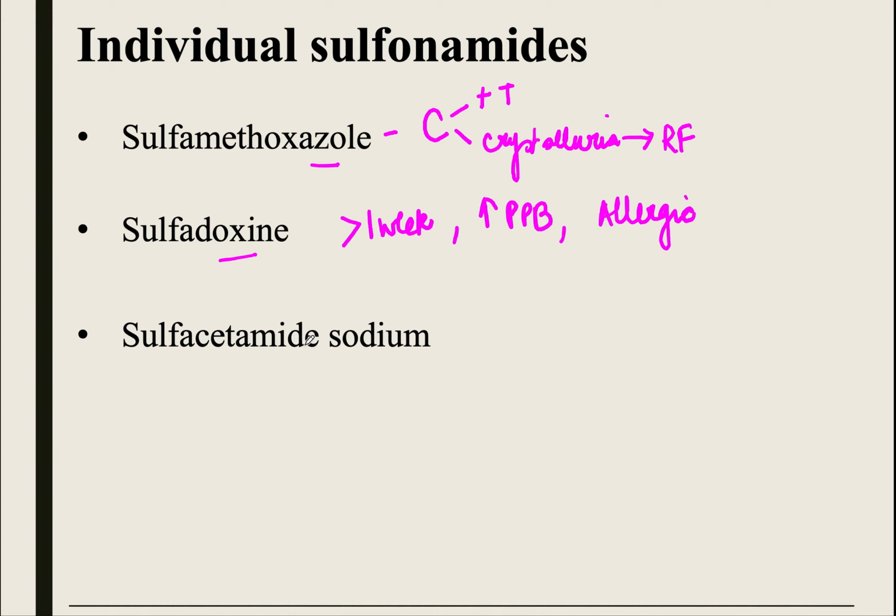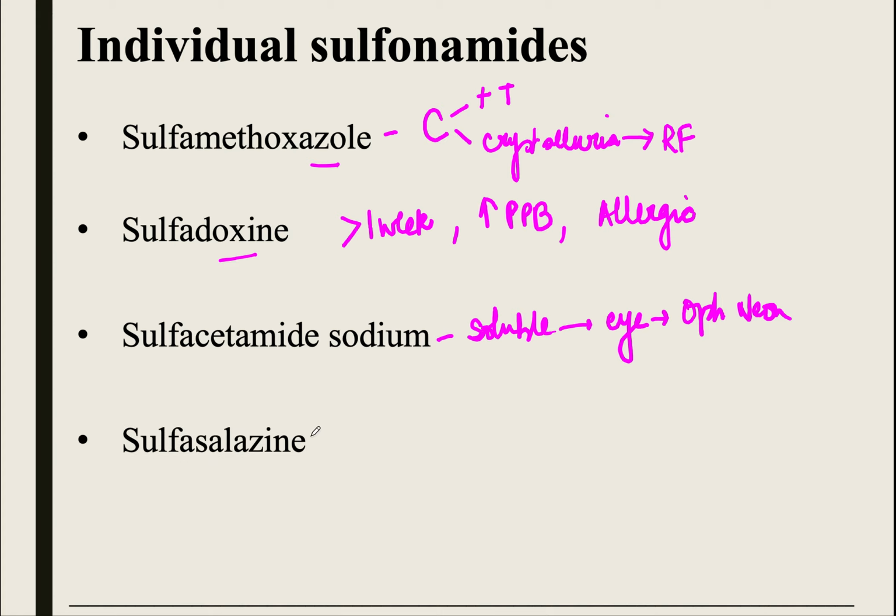Then comes sulfacetamide sodium, and this is a very highly soluble drug, and therefore it can be used in various eye infections like ophthalmia neonatorum. In children, in the neonates, it can be used to treat that. Then we have sulfasalazine. Sulfasalazine is a prodrug, and it is used in a variety of conditions like ulcerative colitis and rheumatoid arthritis.